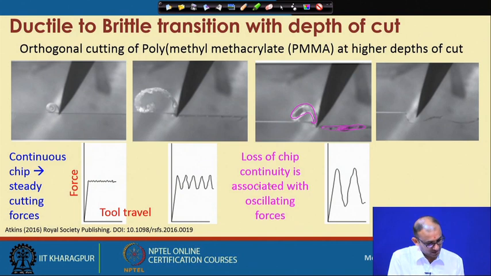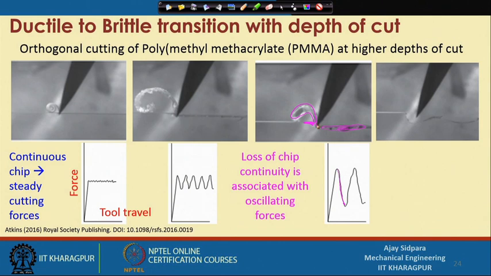So, now in this continuous fashion, it is still in full contact, but what is happening is that the force variation is very large in this case, because sometimes it is able to remove material very quickly and then suddenly it jumps downwards, because the material just ahead of the tool is already fractured, that means the crack is already initiated before the tool reaches the surface.